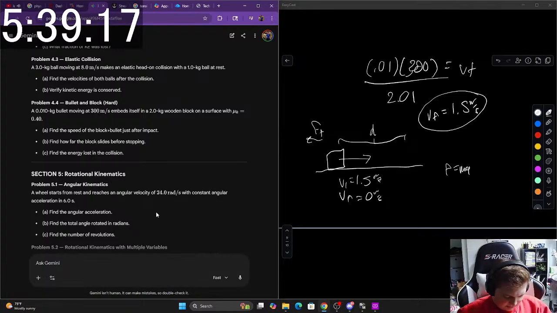We don't know the acceleration though, because we don't know the time. Could do v over t, but we don't know the time.